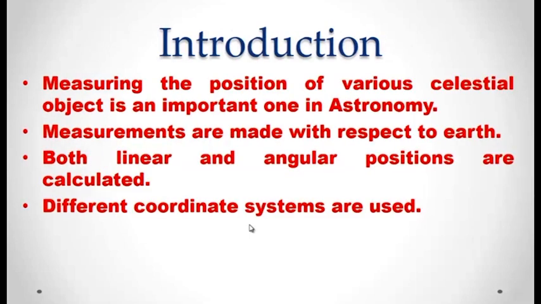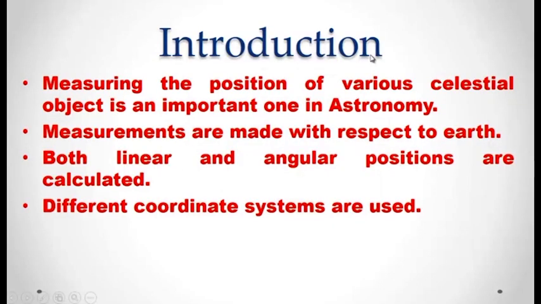Measuring the position of various celestial objects is important in astronomy because we are on Earth. If you look at the sky, many objects will appear in the sky during night time. At what distance those objects are is very important for an astronomer and scientist.